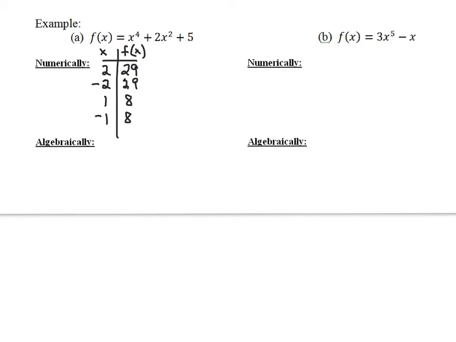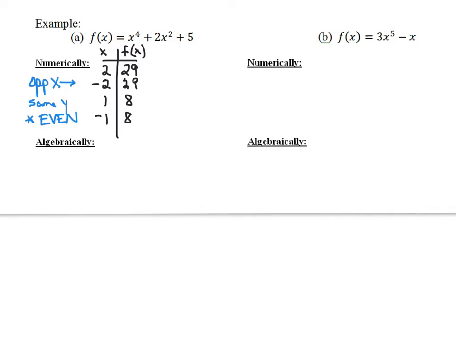So we can make the conjecture that since we tried opposite x values, and those opposite x values produced the same y values, perhaps this is going to be an even function. Now again, all we've done is just investigate a couple pairs of points, but that gives us some good information about what kind of function we might have.